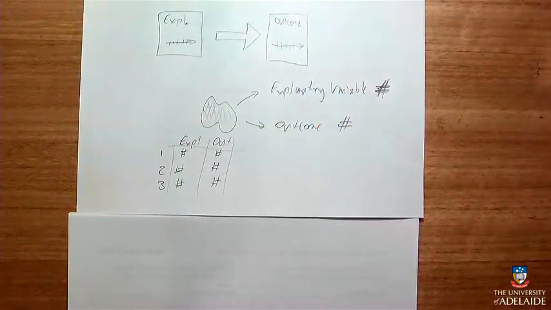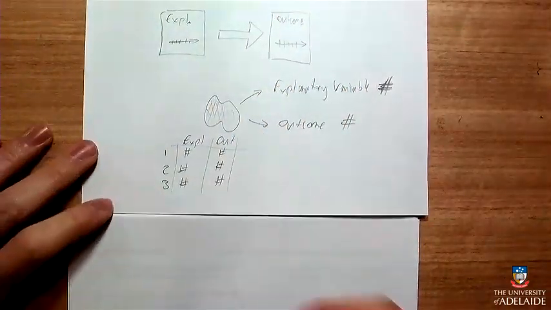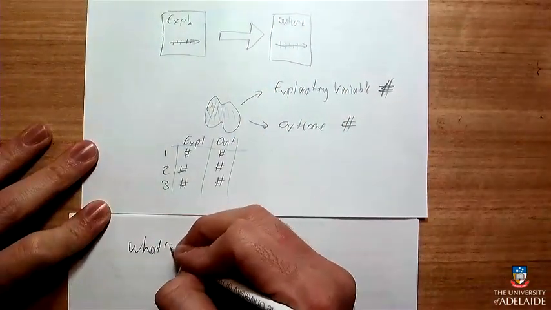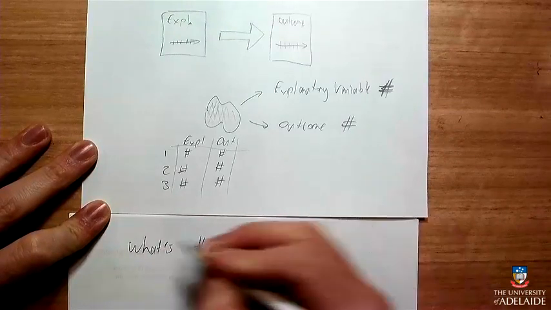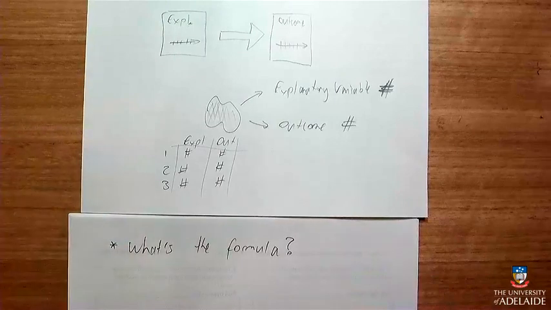And the other thing we need to know about a statistical procedure in order to know what it's doing is what sorts of questions it answers. So the first and most fundamental question that regression answers is, what is the formula for how this is related to that? That's the first question that regression is designed to do.